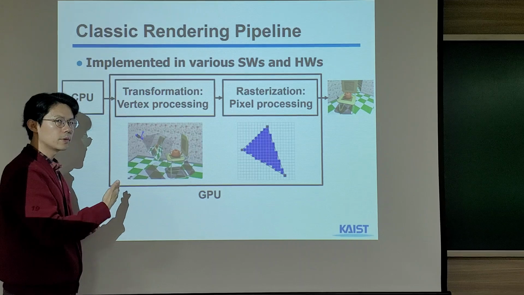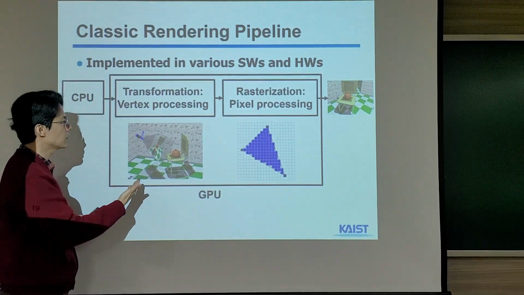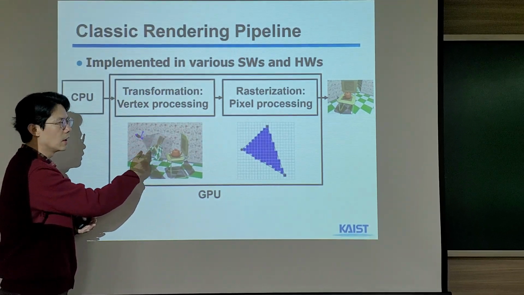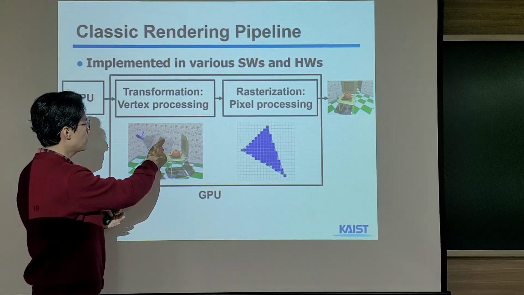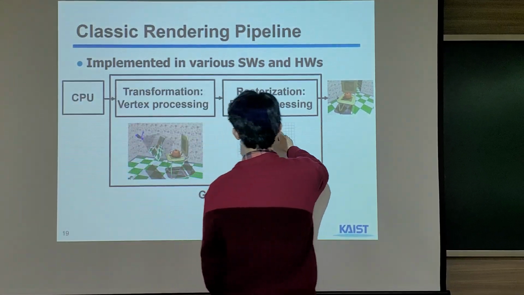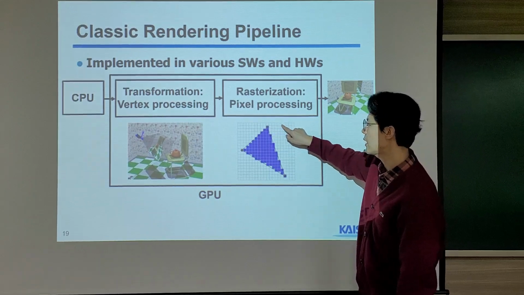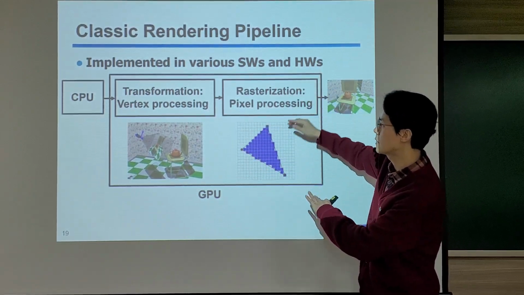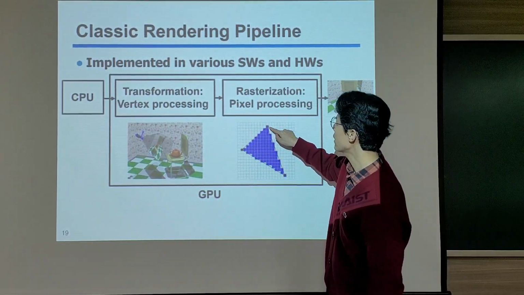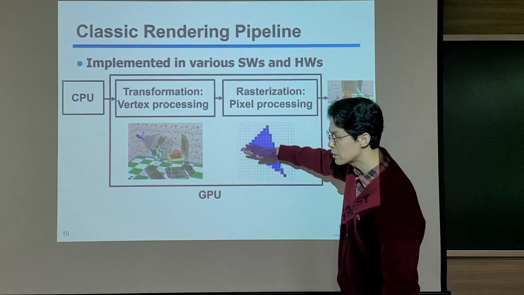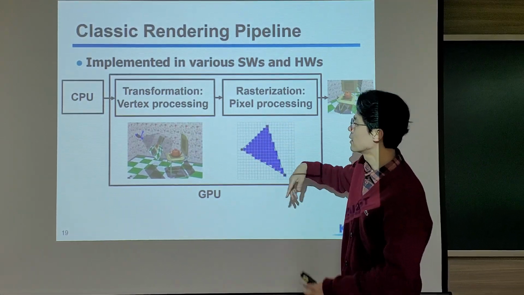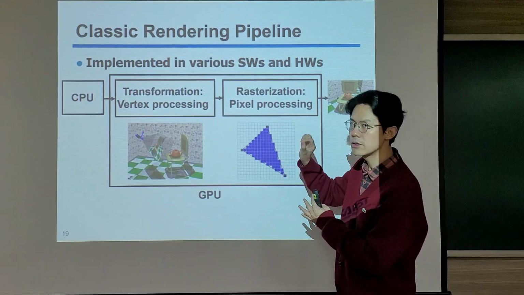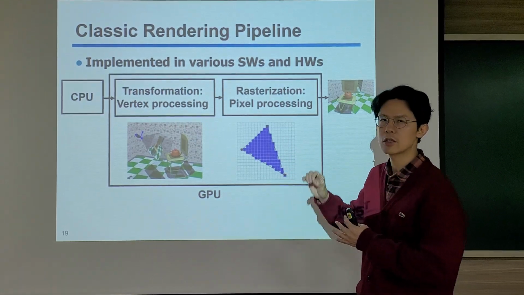Intuitively speaking, maybe it is the film in this camera, right? Once we do that, a vertex is mapped to some vertex here. This is our image that we are looking at. Maybe one vertex here, another vertex here within this image space, and then we fill the triangle, which we call rasterization.